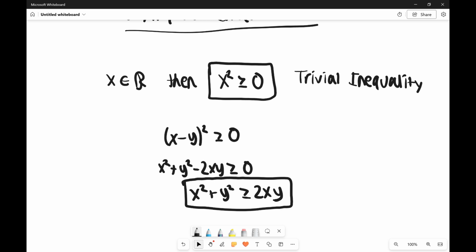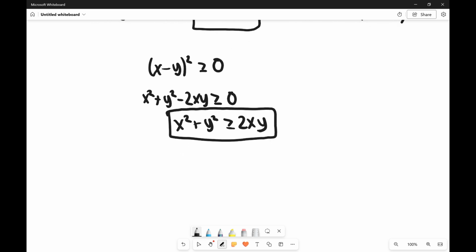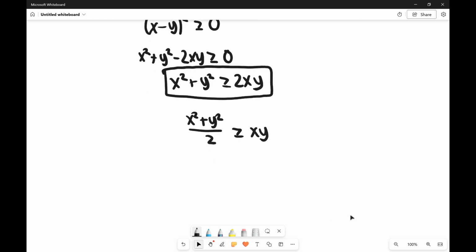And in fact, this is the simplest form of an even more general inequality, which I'll get to in a bit. To introduce it a bit, we can rewrite our inequality as (x squared plus y squared) over 2 is greater than or equal to xy. And maybe we can write x squared as its own variable and y squared as its own variable, so that we don't have exponents over here and all the exponents get concentrated over there.